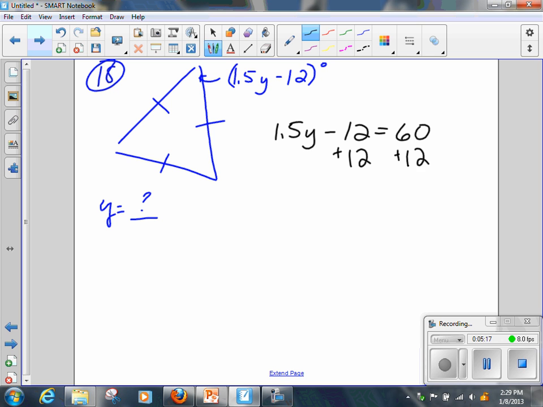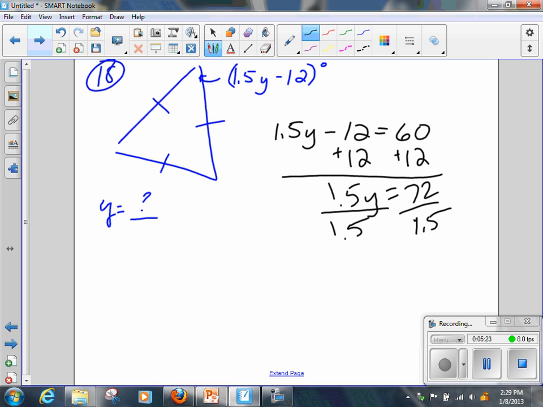12. 1.5y is equal to 72. What's 72 divided by 1.5? Straight up 48. I don't know what I said it was.